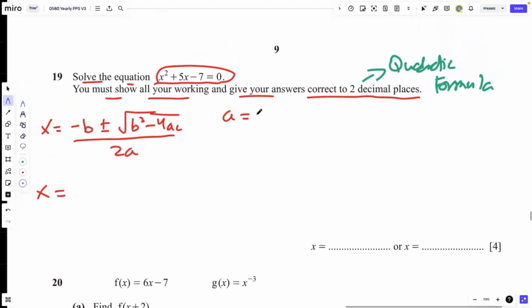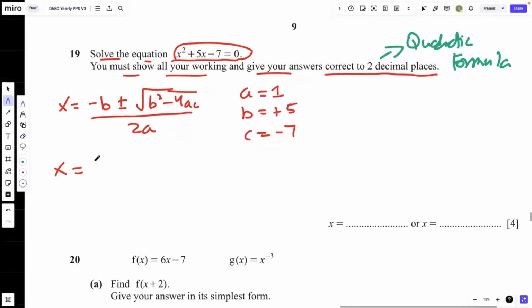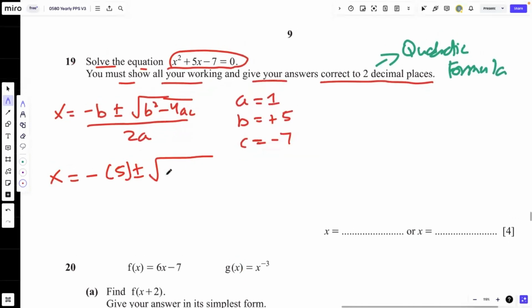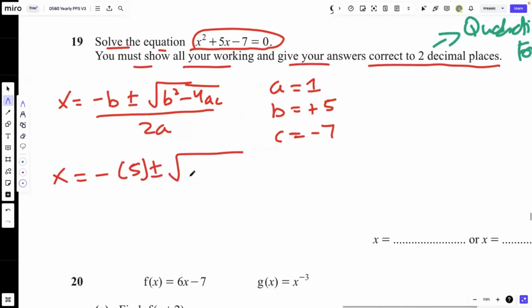Let's write down the values. a is 1, which is the coefficient of x squared. b is the coefficient of x with the sign, so that's plus 5. And c is the number without the variable, so that's minus 7. So that's going to be minus 5 plus minus. We have to show the working. We are supposed to show the working, so do not skip out on working and show each step as you put in the values.